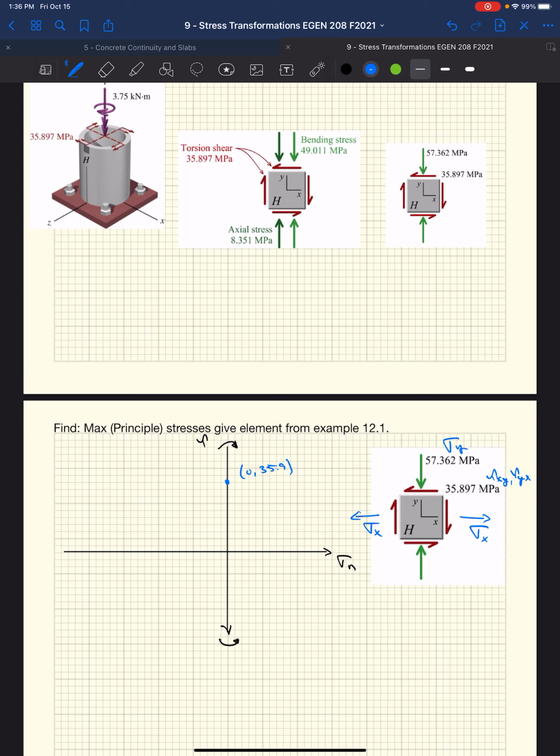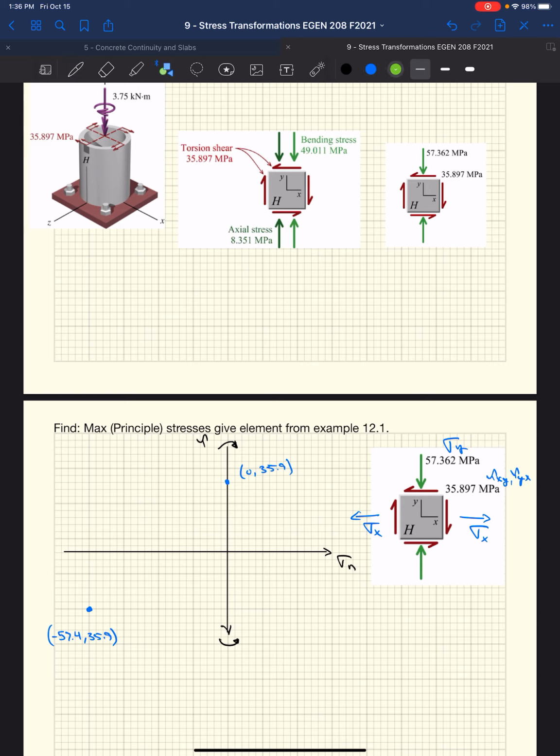So our point is going to be essentially down here, trying to make this close. Something like that. So we've got our 2 points. This point, as I mentioned, is going to be negative 57.4, comma 35.9, our sigma and our tau, or our normal stress and our shear stress.